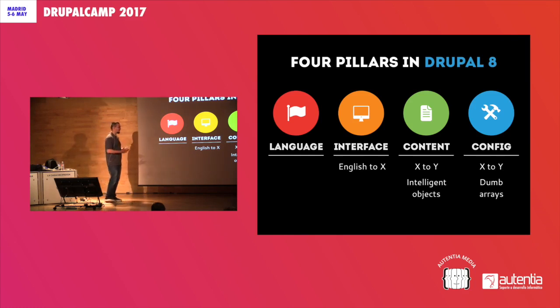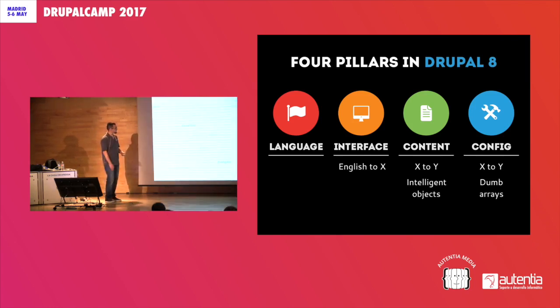In the case of the config, you can translate from any language to any other language, but these are like arrays, so you are actually setting values, and then these values are overriding other values. So it's really powerful, but you don't have proper intelligent objects.